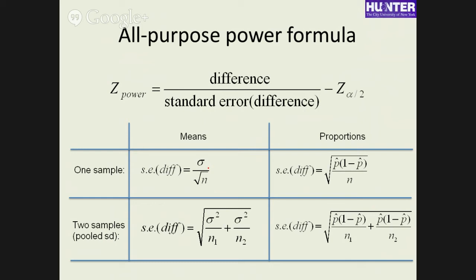Yeah, that's Z beta. Oh, because power is 1 minus beta. Gotcha. Yeah, this first part is Z beta. The table.